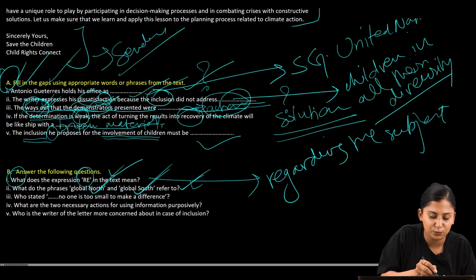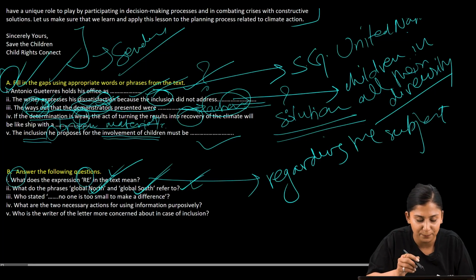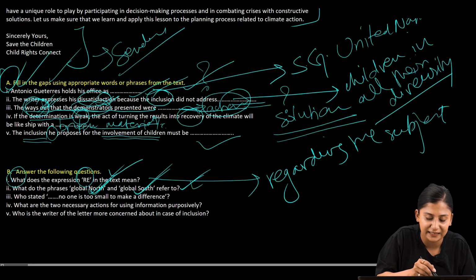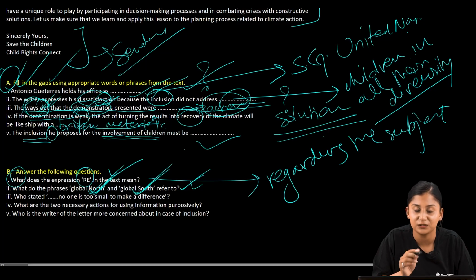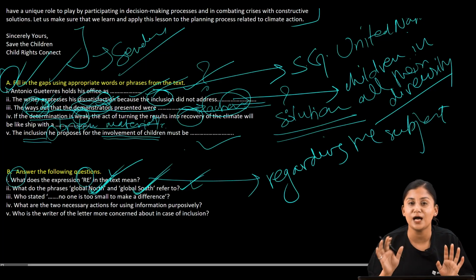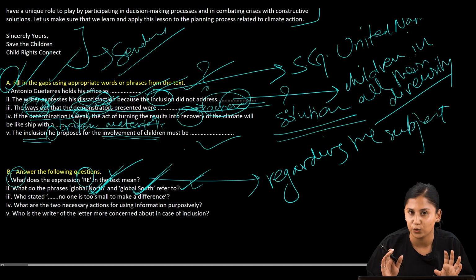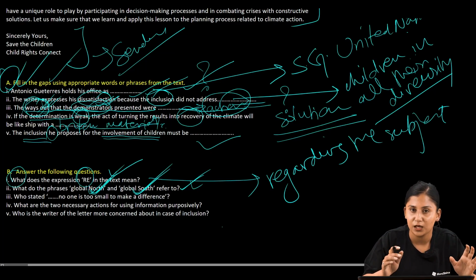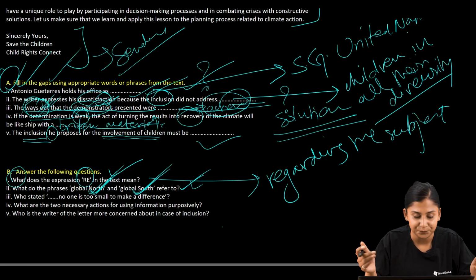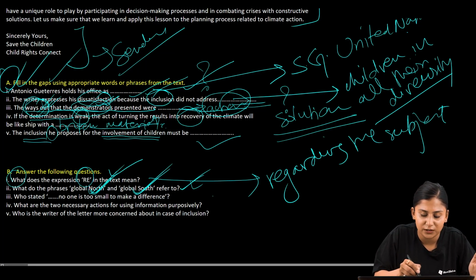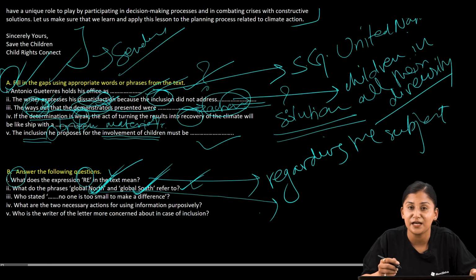So by reading the line up there, we can have an insight that global north and global south refer to some regions in the world, or we can understand it in a way that there are certain countries that fall under the global north and the global south. Global north talks about the countries that are much developed in terms of economy and other developmental sectors.